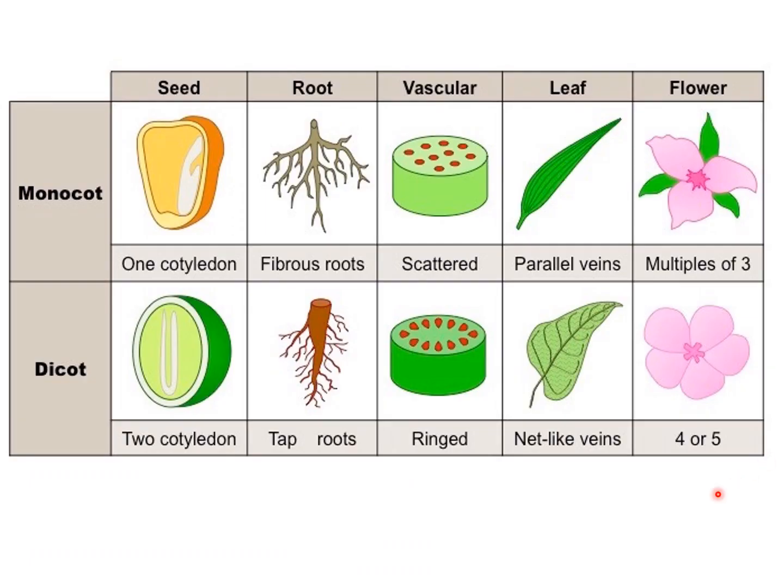At the end of this class, I will try to summarize the differences between dicot and monocot structure, starting from the seed structure. In the monocot, there is only one cotyledon, but in the dicot, there are two cotyledons. Monocots usually have a fibrous root system, but dicots have a taproot system.